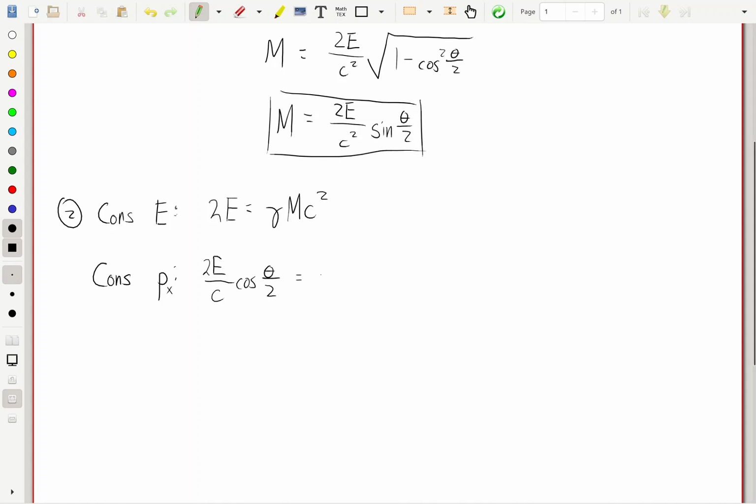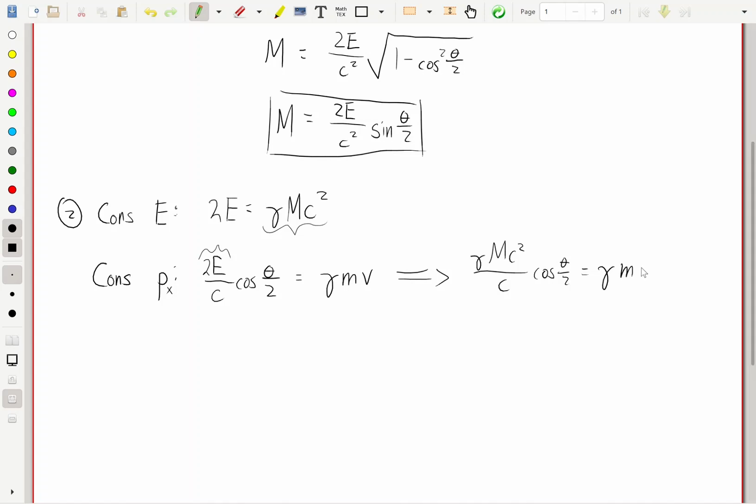And it's going to be equal to the relativistic momentum formula, gamma Mv. But notice that we know what 2E is already. It's just gamma Mc squared. So we can rewrite this by substituting in gamma Mc squared over c cosine of theta over 2.